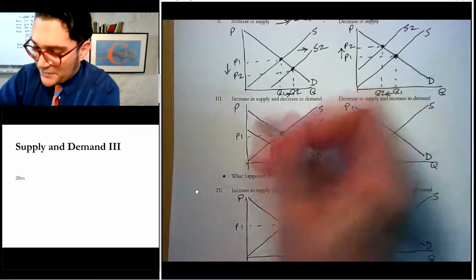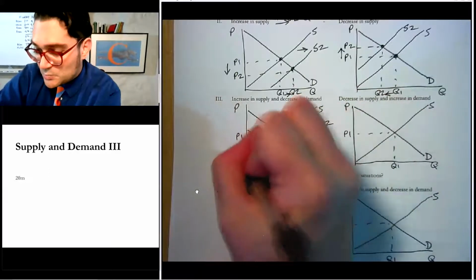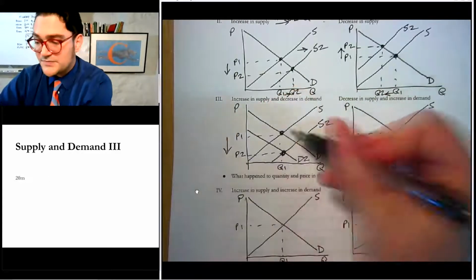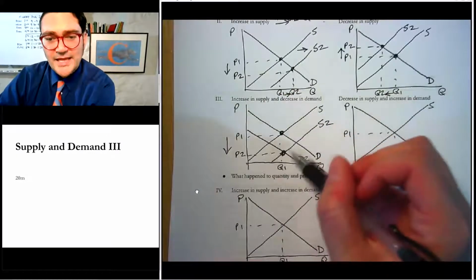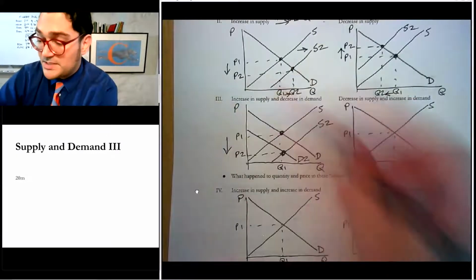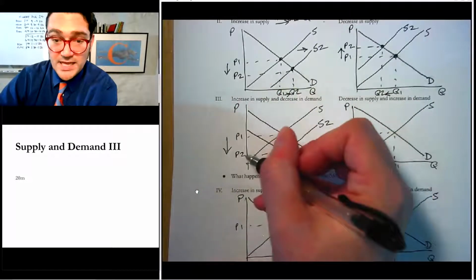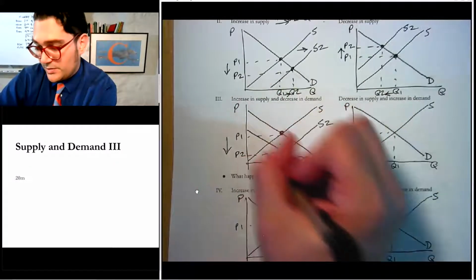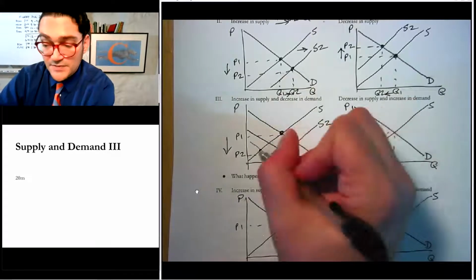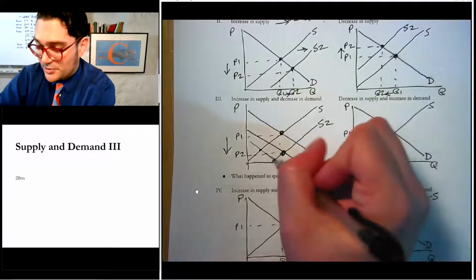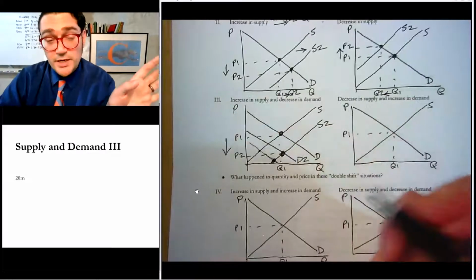Now, what you can definitely tell is that price went down. That's for sure. But you could imagine a situation where I drew this and you wouldn't really be able to tell. If I made the demand curve go way over to the left, the price would definitely go down, but the quantity would decrease.